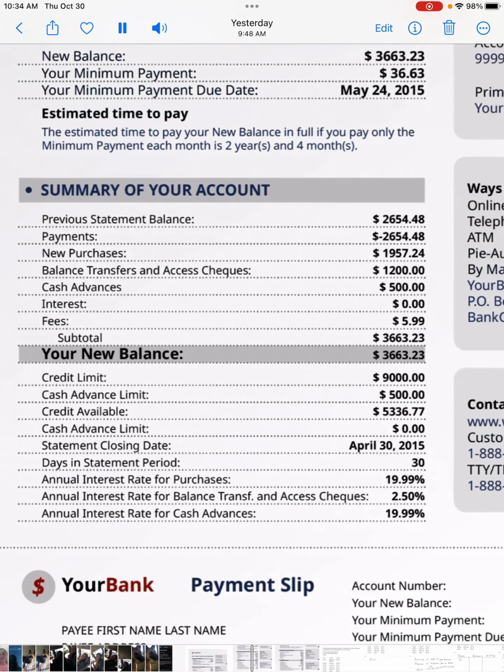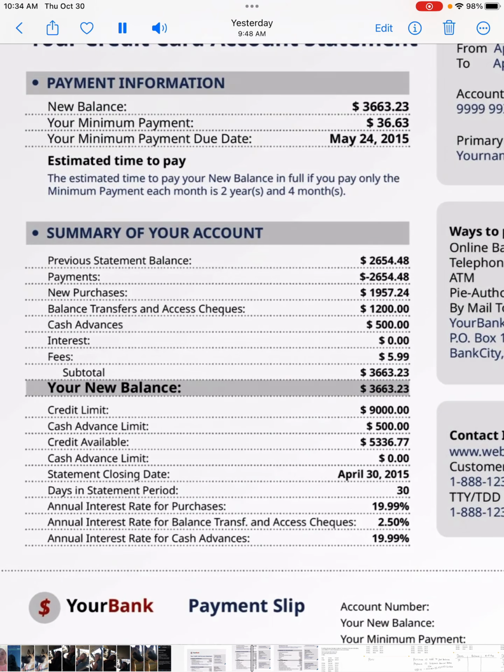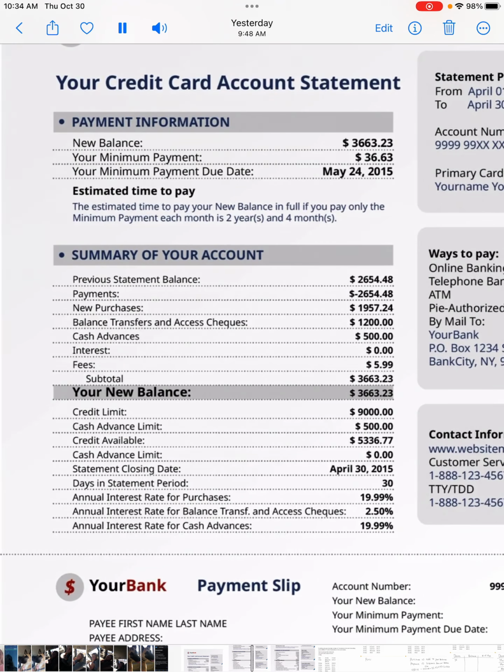They might ask you, what's the minimum payment that you owe? And it's $36.63. It's up at top. What's the balance on your credit card? $3,663.23. And when's your minimum payment due by? May 24th.